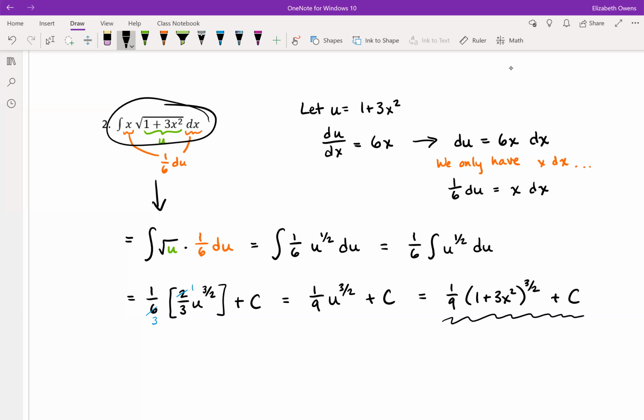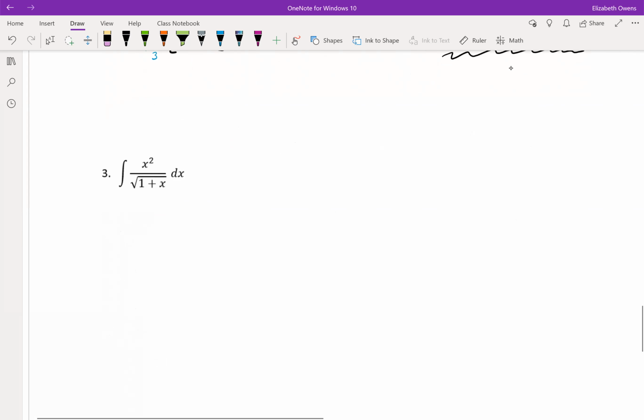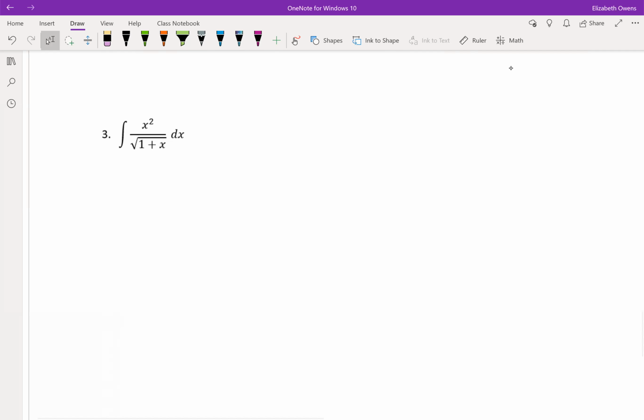So if we use a similar approach here, we can just take whatever's underneath our square root in this new problem and let that be u. Okay, so let's let u equal 1 plus x. That'll at least simplify the square root for us. That's good. All right, so this part is covered. That is u in there.